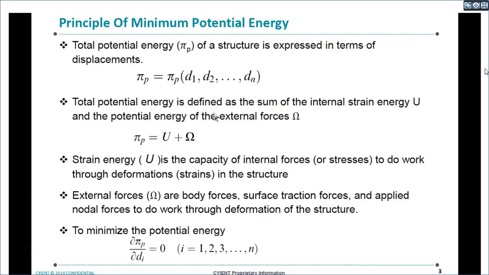The total potential energy is defined as the sum of the internal strain energy plus the potential energy of the external forces. One factor comes from the internal strain energy, and another from the potential energy of the external forces.